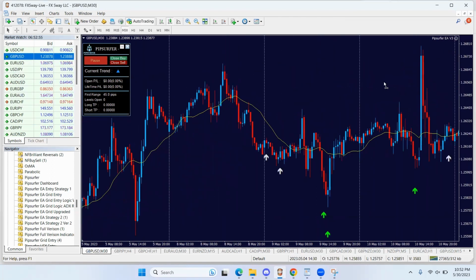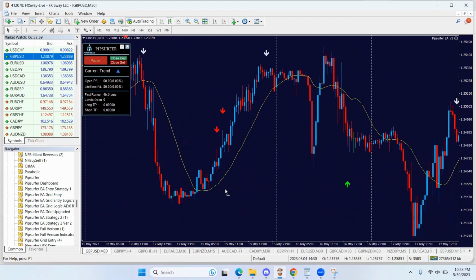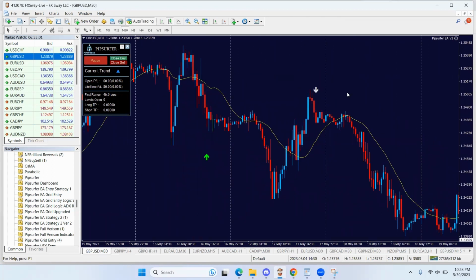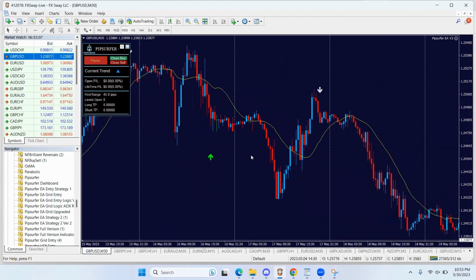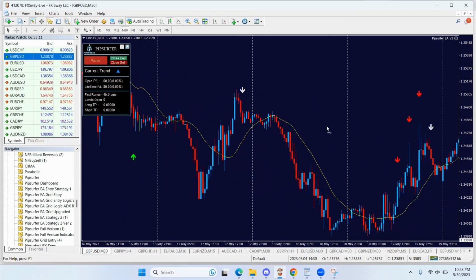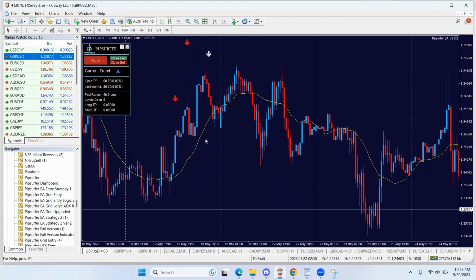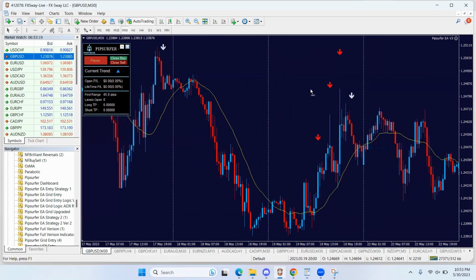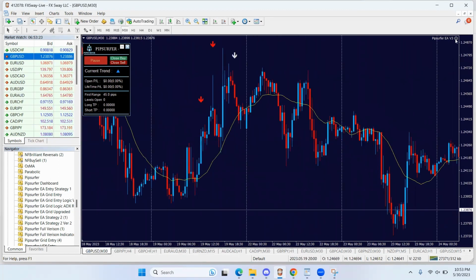You see it catches some pretty good trades on that. Having both 1 and 2 combined, this is a strategy 2 entry, this is a strategy 1 entry. You would have caught some good levels on both trades by having both enabled. But like I said, because it's more exposure to the market, this could be considered a more aggressive trading strategy. So that's for the entry strategies.